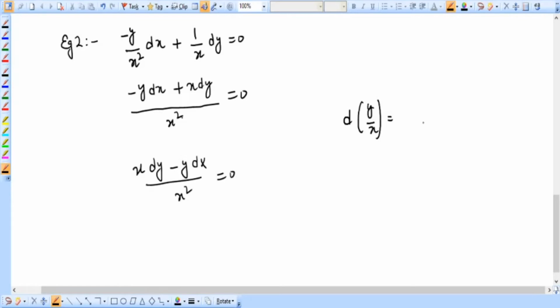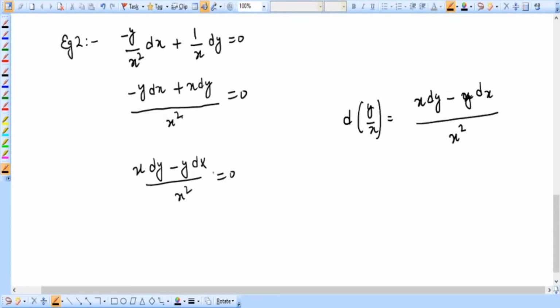Using the quotient rule, it is equal to x square, x as it is times differential of y minus y as it is times differential of x.